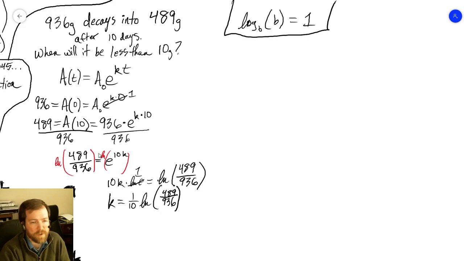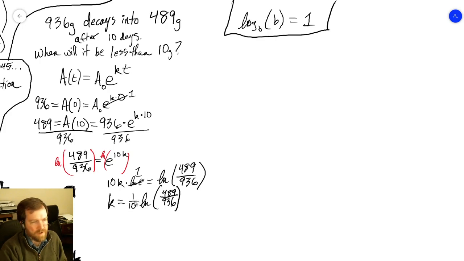So if you want to do this, one of the ways that you could do it is just store this number somewhere in your calculator and pull it up as needed. Another rather psychotic way to do it is you could actually plug in this value and then say, oh look, there's a natural log and it's on a base of e, so these are going to end up being inverse operations of each other and cancel out, with one slight modification.